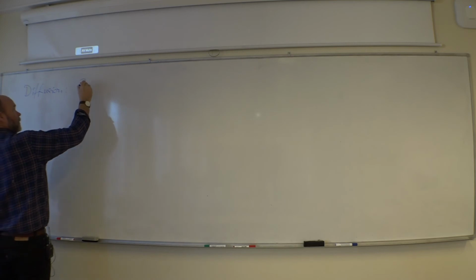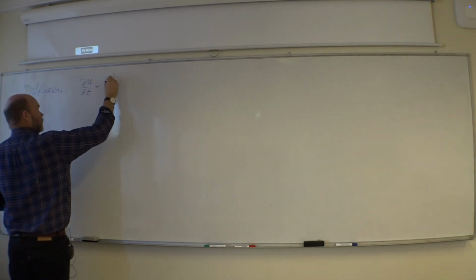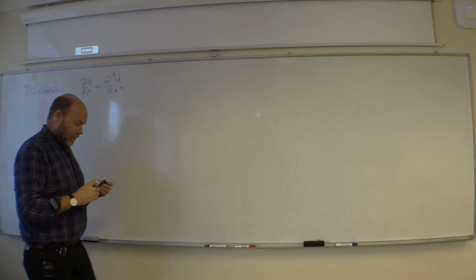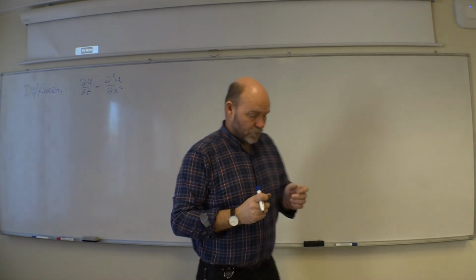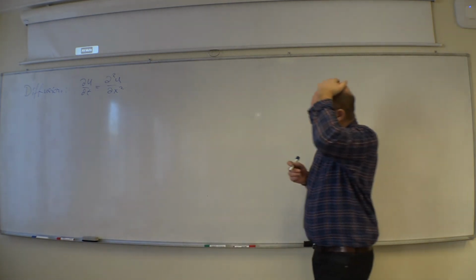The diffusion equation reads: time derivative equals double derivative in space. When we wrote it in the non-dimensional form, choosing the proper timescale, the viscous timescale, we had this equation.